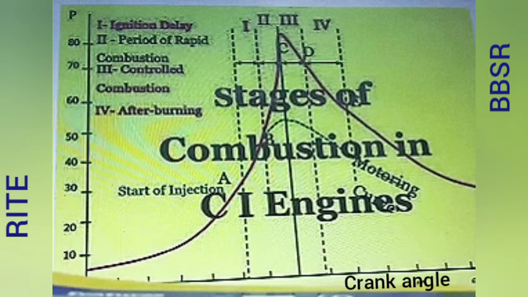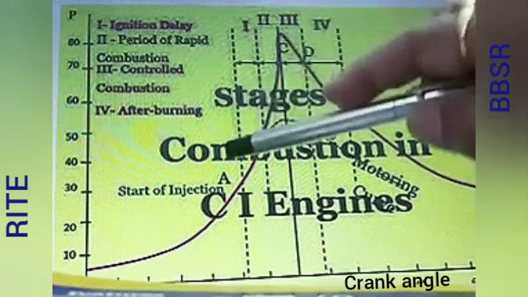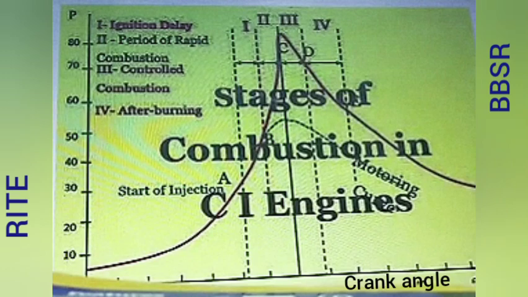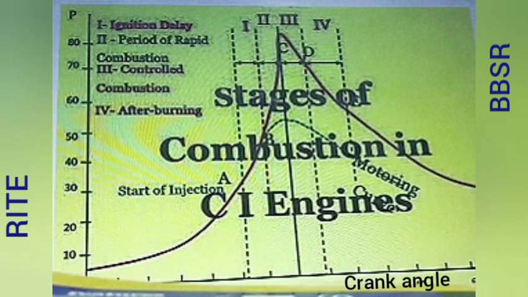The ignition delay period can be broadly divided into two parts. One is called your physical delay and the second one is called your chemical delay. Physical delay is the time between the beginning of the injection and attainment of chemical reaction conditions. During this period, the fuel is atomized, vaporized and mixed with air and is raised to the self-ignition temperature.